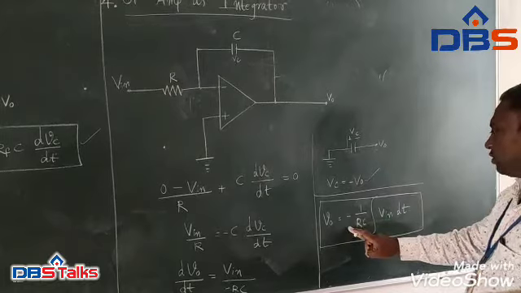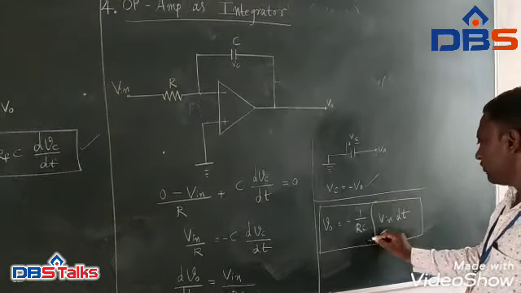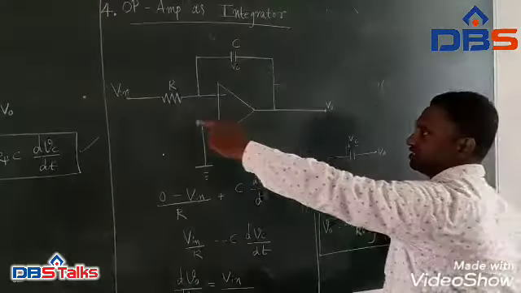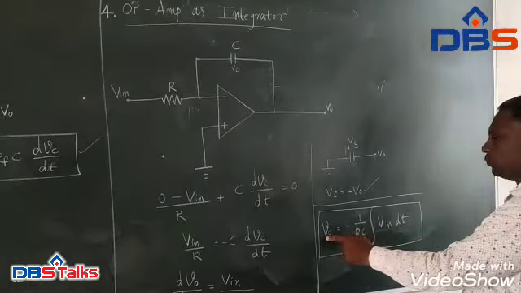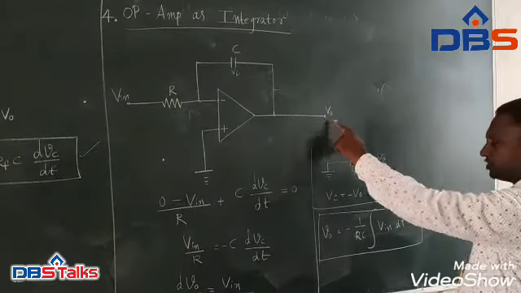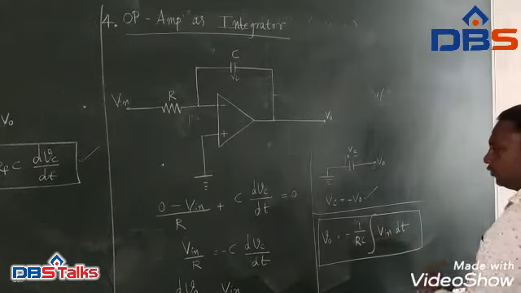So now V0 is equal to minus 1 by RC integral Vin dt. Whatever the input voltage is, the output voltage of the circuit is the integral of the input voltage, with a constant.